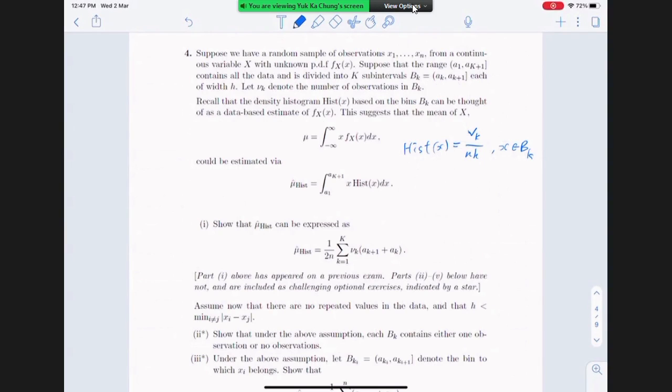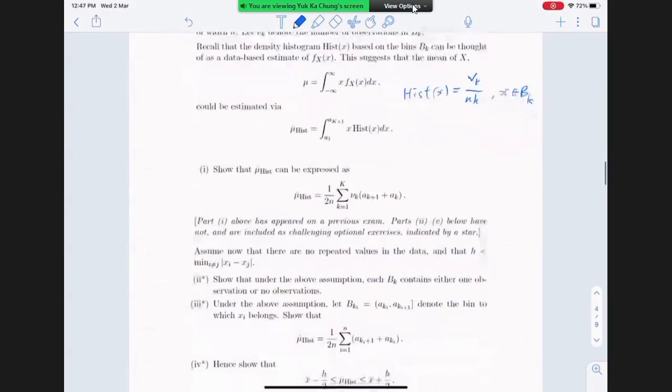We know that the integration has a feature: we can partition the integration into sub-intervals. So this can actually be written as the sum over k from 1 up to capital K of the integral from a_k to a_{k+1} of x times the histogram of x dx, right?